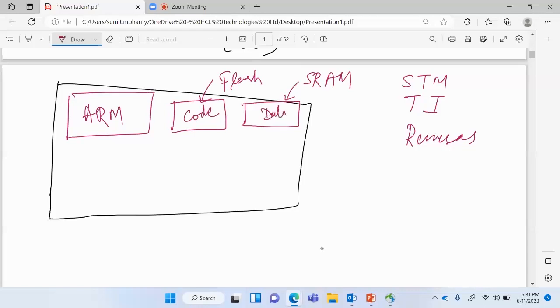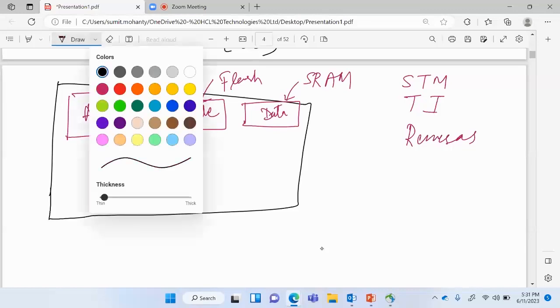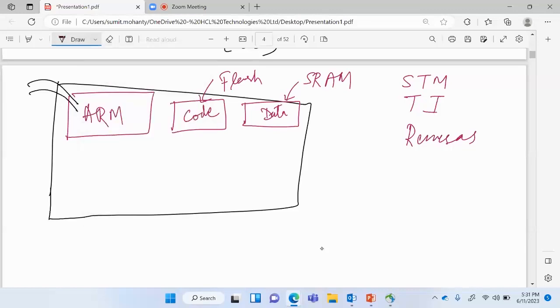This is otherwise called data memory. So what happens when we program anything? That is stored in the ARM processor by the debugger. Then this is given to the code memory. Now from the code memory, if there is some data, that is given to the data memory.